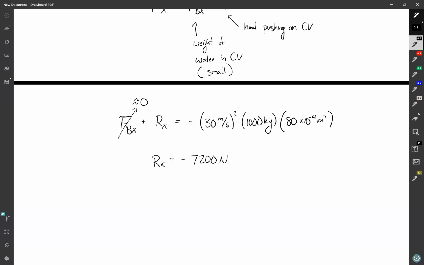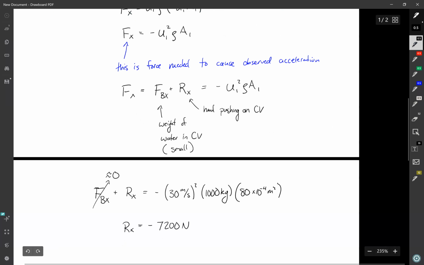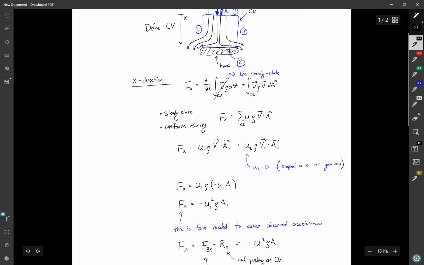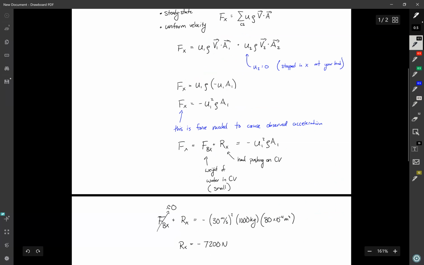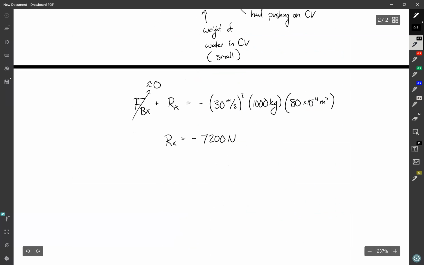So that is a force, again, pushing in the negative x direction, which is pushing up. So this is pushing up on the CV. So we need a force of 7,200 newtons pushing up on the CV in order to cause the flow to do what we're telling it to do, in order to cause that acceleration change.